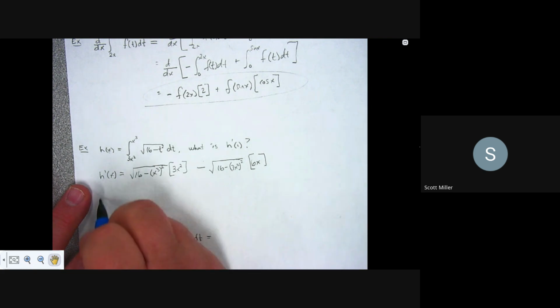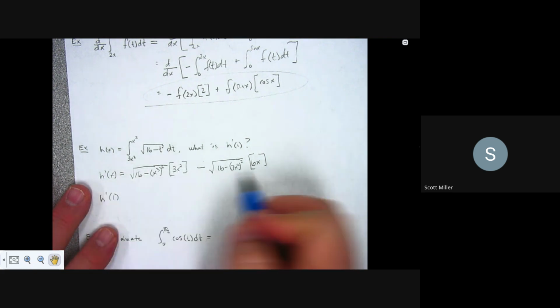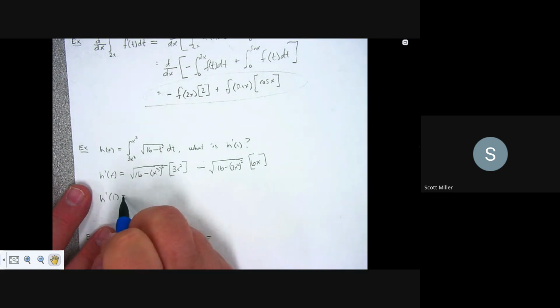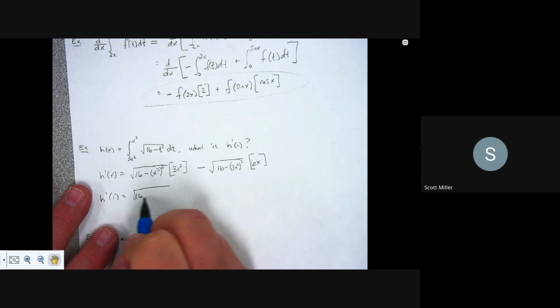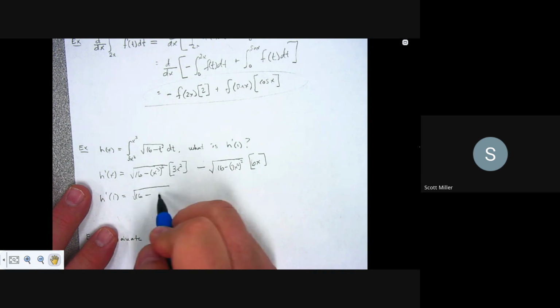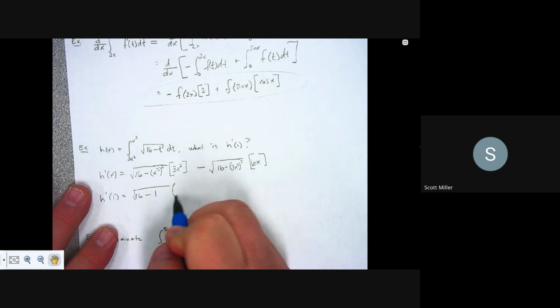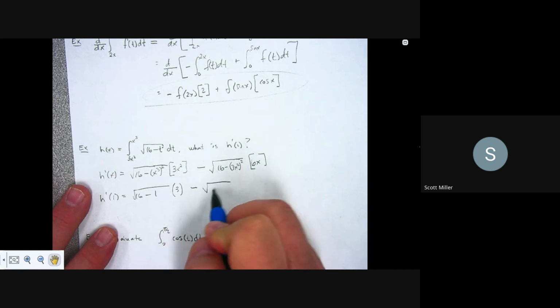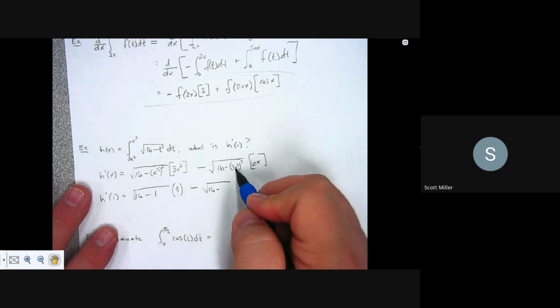And then if I want to find h prime at 1, I'm just going to plug 1 in for all this stuff. And so you simply get 16 minus 1 to the 6th power, which is still 1, times 3 times 1 minus 16 minus, this is going to be 1, so this is going to be 3 squared, which is 9.